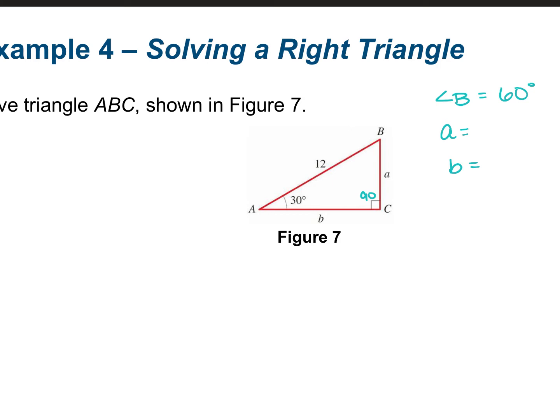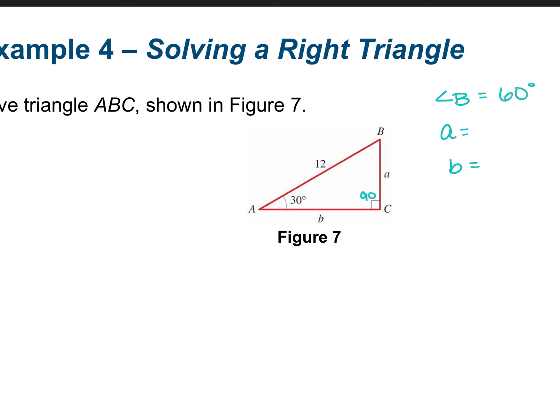However, if you didn't know that your side A is half of 12, because your smallest side length is half of your hypotenuse, you could use what you have and sine or cosine or tangent to find your missing side lengths. So to find side A, we first have to find out what side that is.